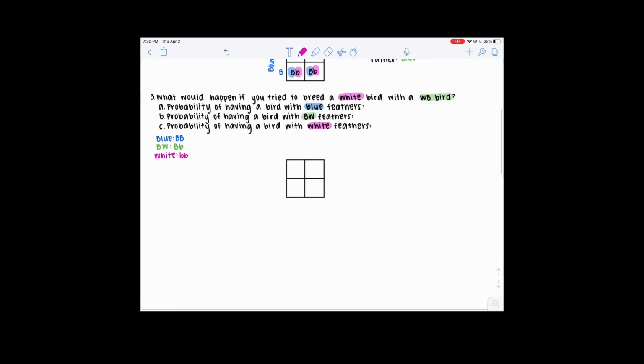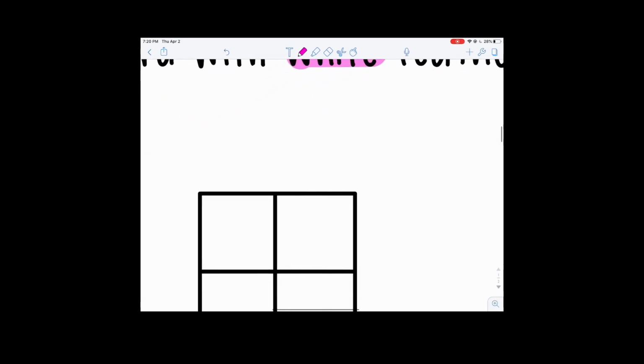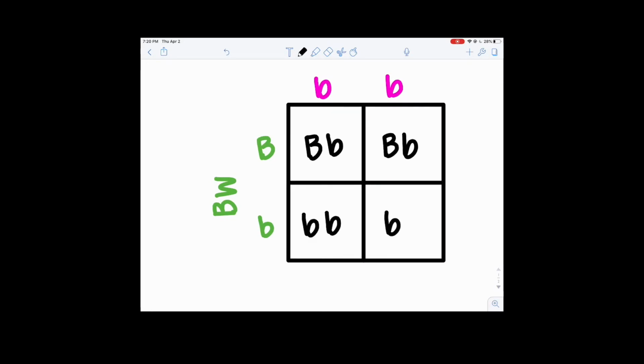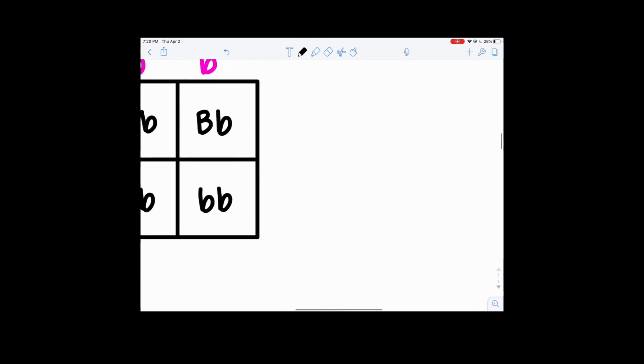We know that the question is asking what would happen if we crossed a white bird and a BW bird, so I'm labeling the top as white with the two lowercase b's, and the side as BW with the uppercase B and the lowercase b. Now if we cross, you will see that we get a capital B, lowercase b, which is 2 heterozygotes, and 2 recessive homozygotes.